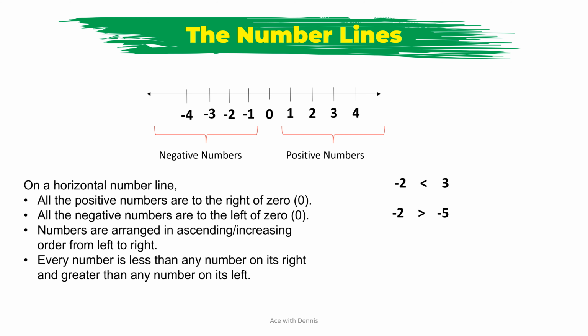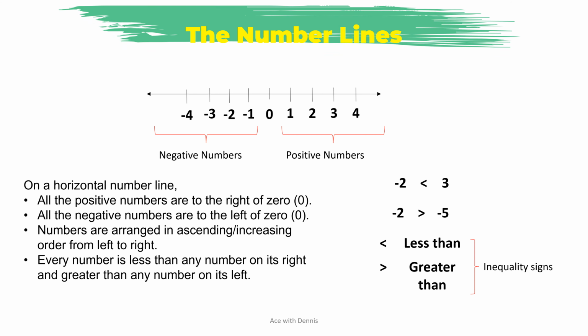From here, we know that negative 2 is greater than negative 5 because negative 5 is at the left of negative 2, which indicates that it is smaller than negative 2. So this symbol is less than, and this symbol is greater than. They are inequality signs.